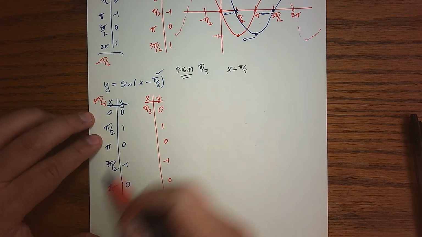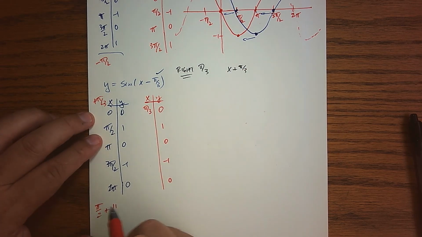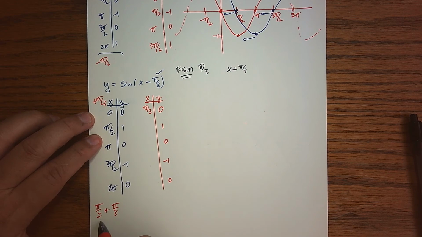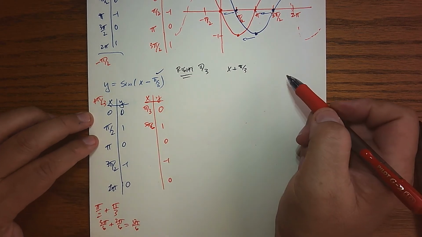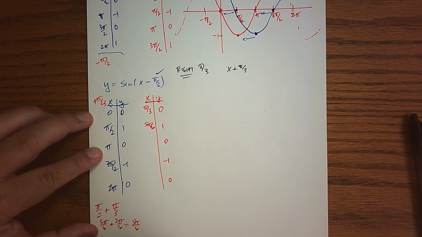That's pi over 3. Pi over 2 plus pi over 3, we need a common denominator. So this is 3 pi over 6 plus 2 pi over 6, giving us 5 pi over 6. Pi plus pi over 3 is 3 pi over 3 plus pi over 3, which is 4 pi over 3.